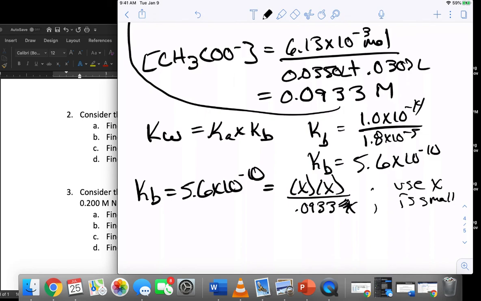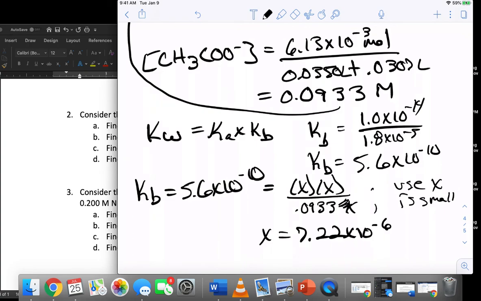Then I can solve for my x value, and I get x is about 7.22 times 10 to the minus 6.